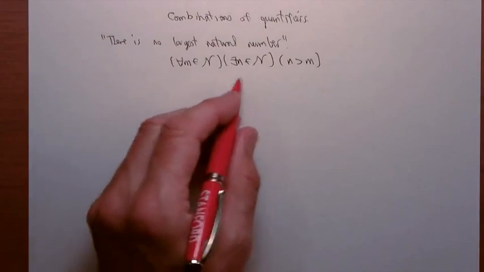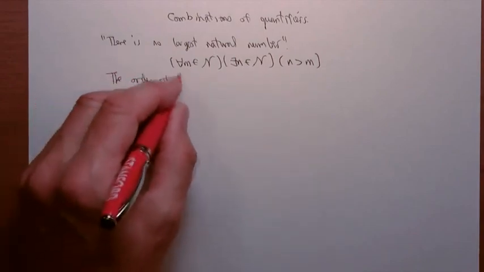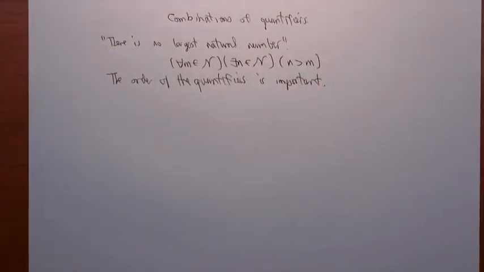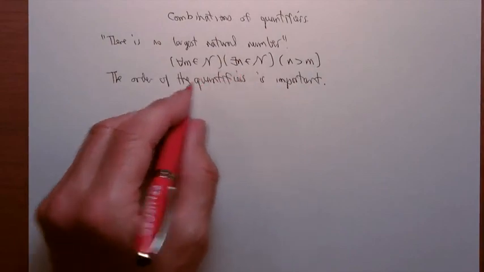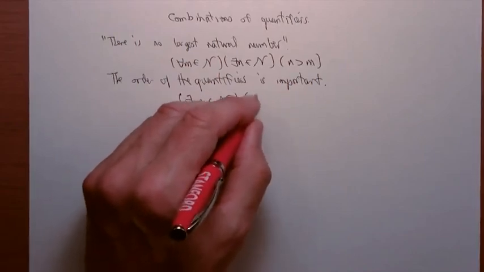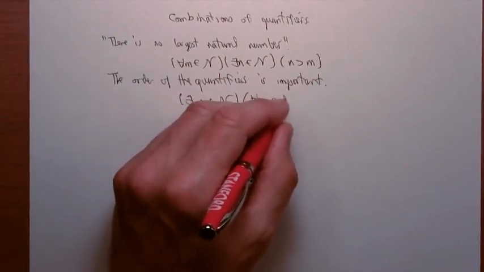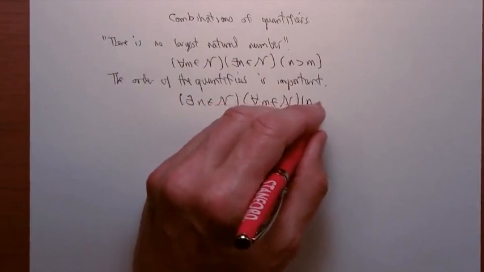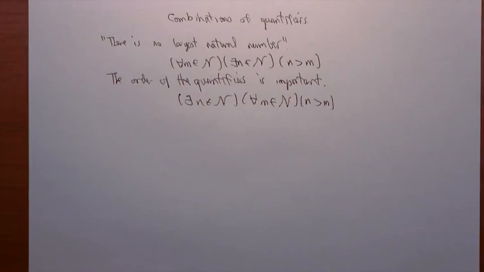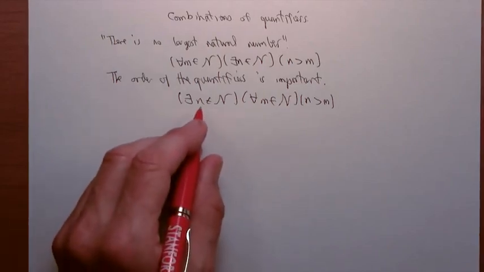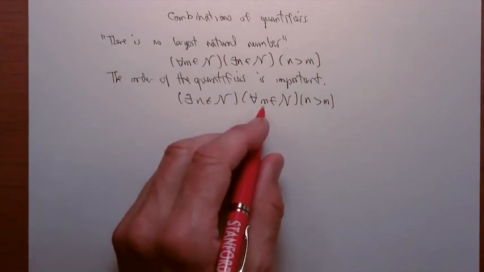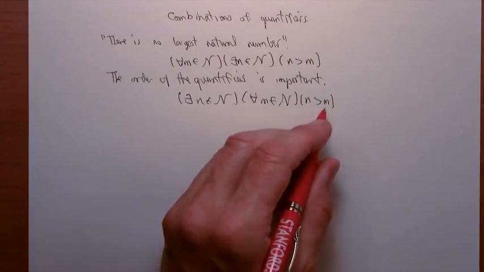Note that the order of the quantifiers is important. If I swap those quantifiers round and write there exists an n in the natural numbers such that for all m in the natural numbers, n is bigger than m, the result says there is a natural number n which has the property that for all natural numbers m, n is bigger than m.